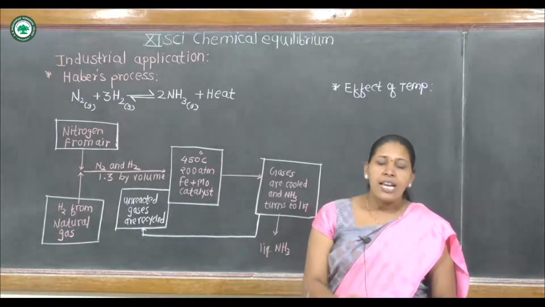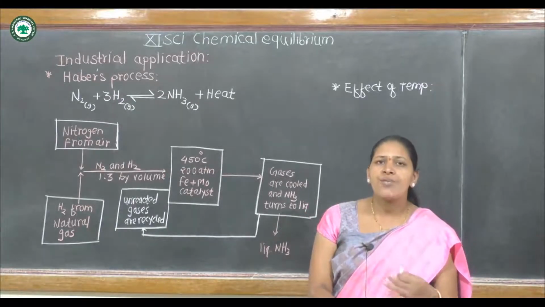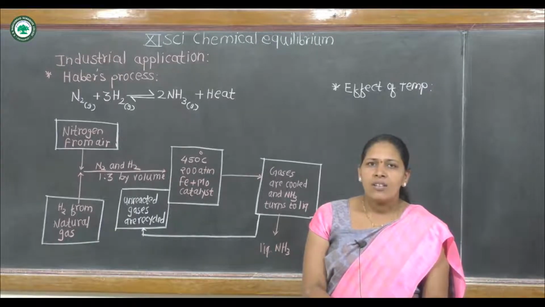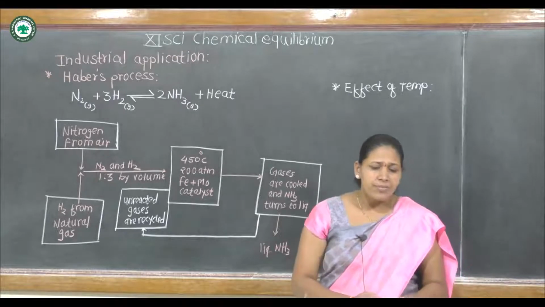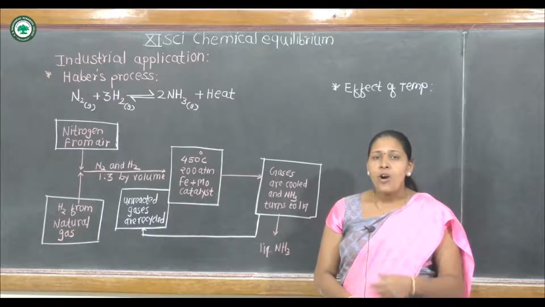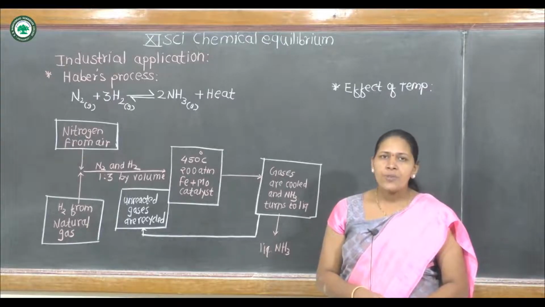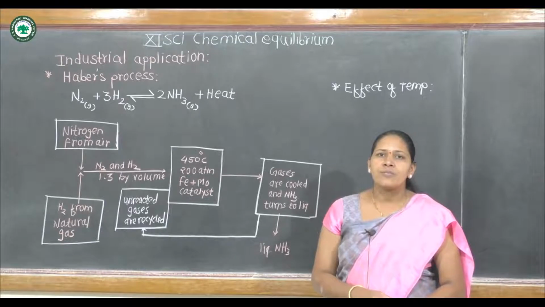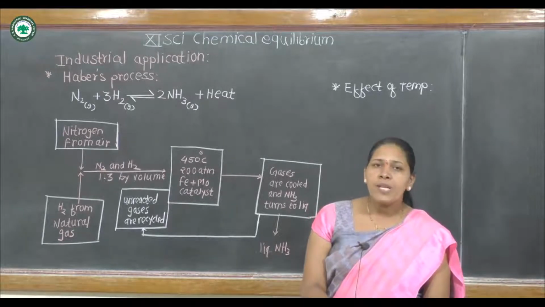Therefore, at low temperature the reaction requires greater time, and at high temperature the reaction occurs rapidly, but the formed ammonia will be decomposed. Therefore, for this reaction it is necessary to use an optimum temperature.